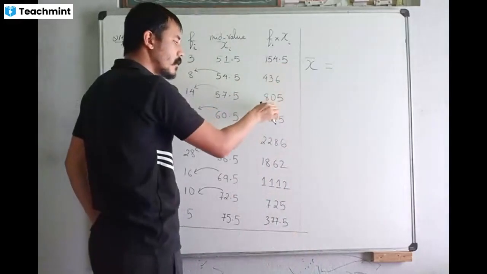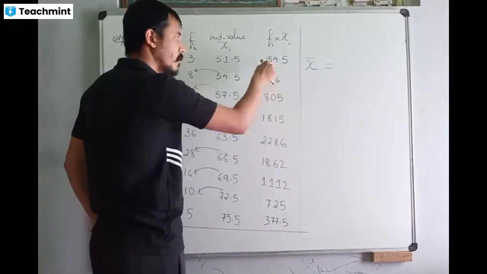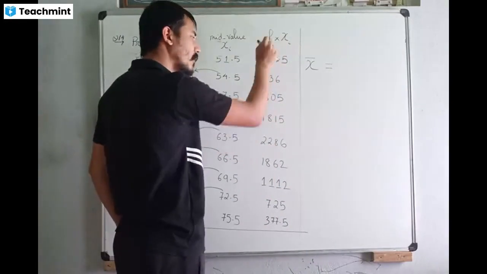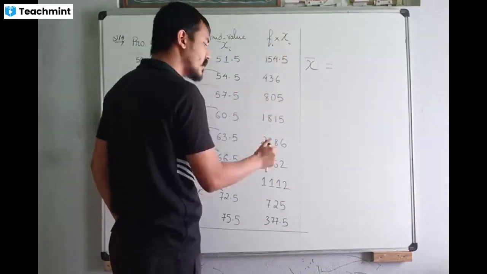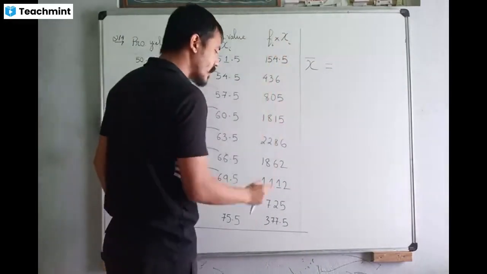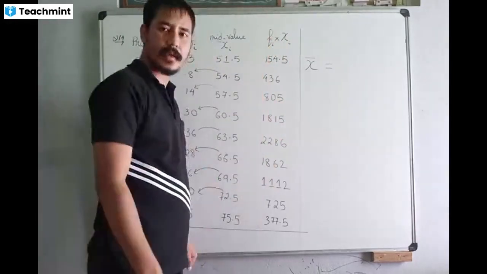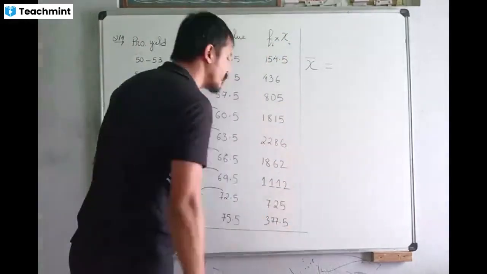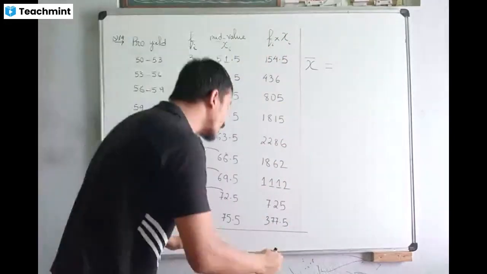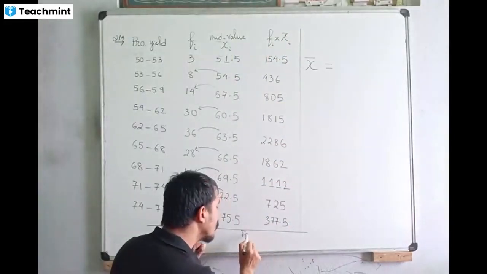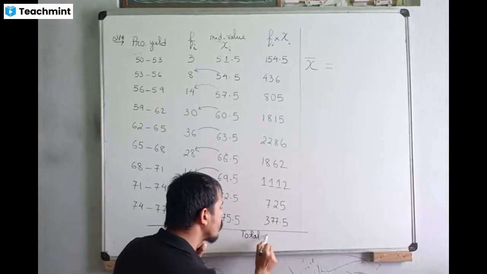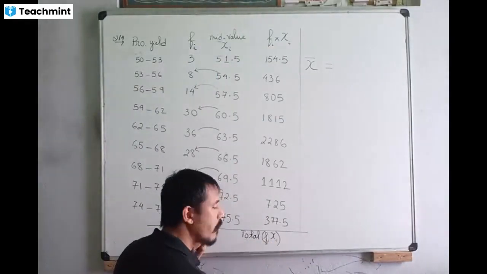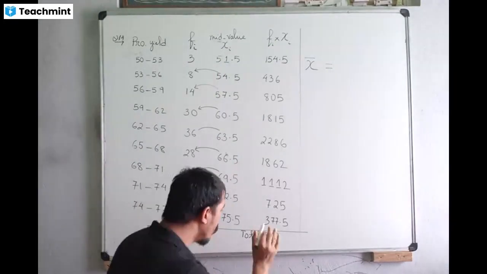These are your Fi xi: the first value, second value, third value, fourth value, fifth value. You find the sum of all these values, and that will give you the total value of Fi xi.